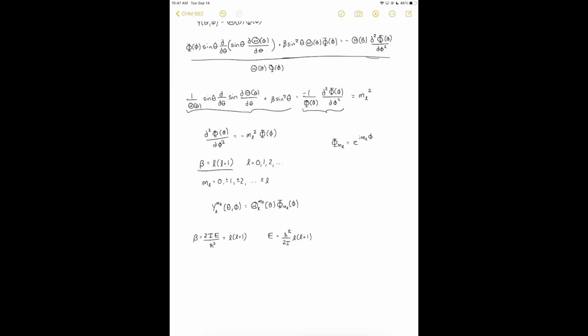The difference comes from the fact that in two-dimensional rotation, the angular momentum L was the same as the angular momentum m sub L. It was only the z component. So here, m sub L represents the z component of angular momentum. In three-dimensional rotation, our angular momentum is now a vector in 3 dimensions, so it's not simply the z component.